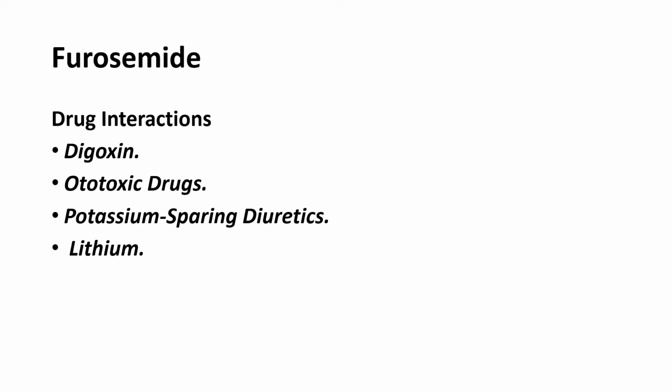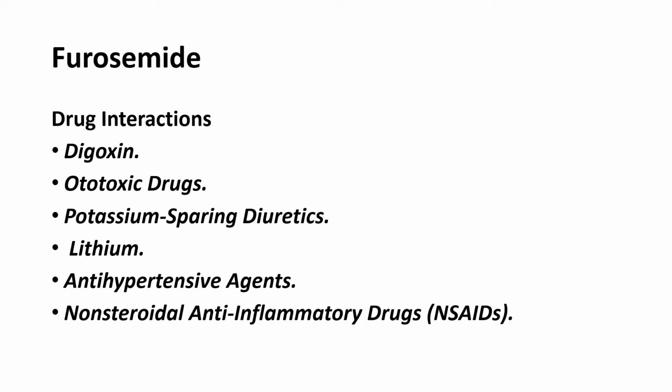Next will be your lithium. So lithium is used to treat bipolar disorder. So in patients with low sodium, excretion of lithium is reduced. Hence, by lowering your sodium levels, furosemide can cause lithium to accumulate to toxic levels. Next will be your antihypertensive agents. The hypotensive effects of furosemide and those of other hypotensive drugs can be aggravated.